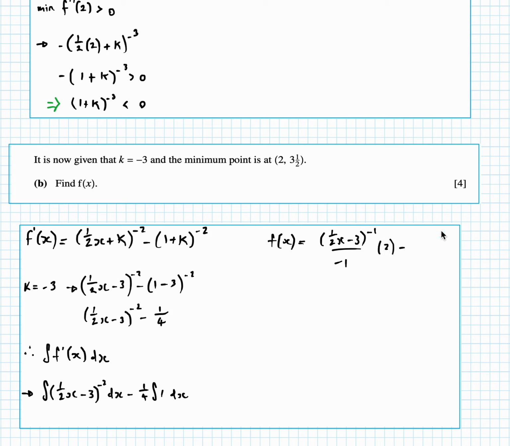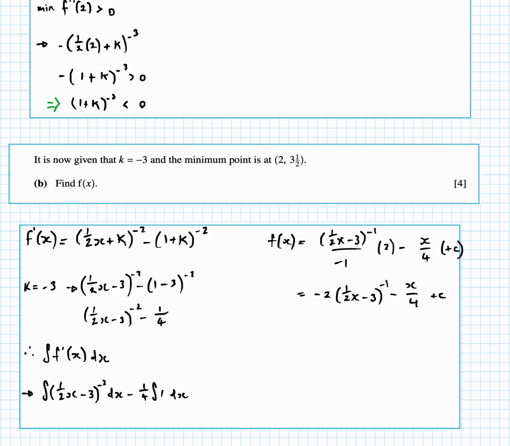So multiply by 2, and then minus x over 4 plus c, our constant of integration. Simplified, just the first part there. So from there we get f of x is equal to what we have here.